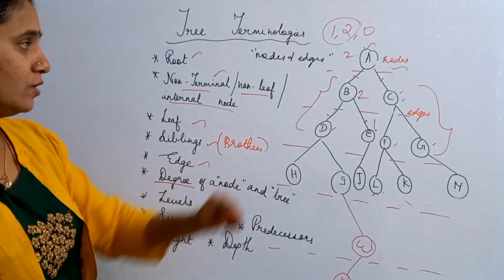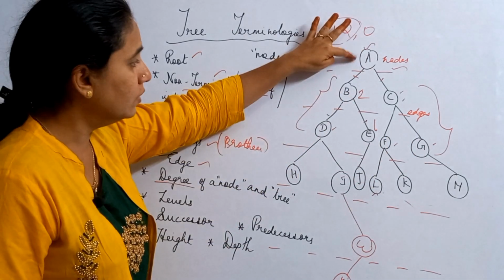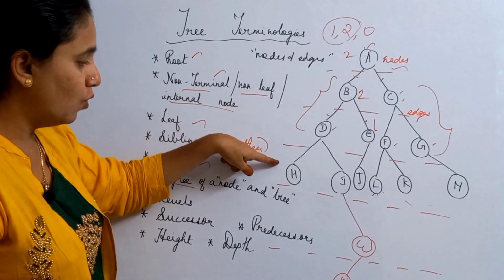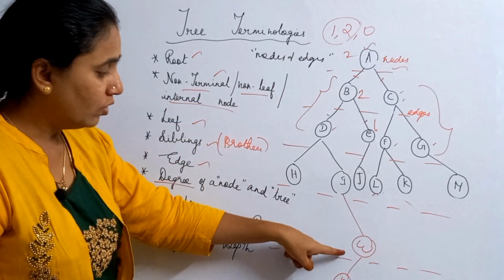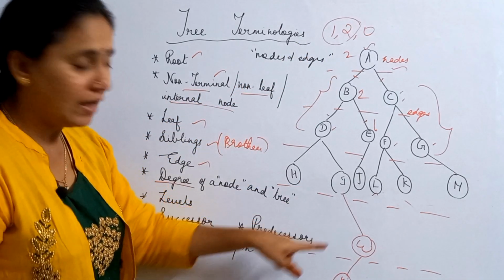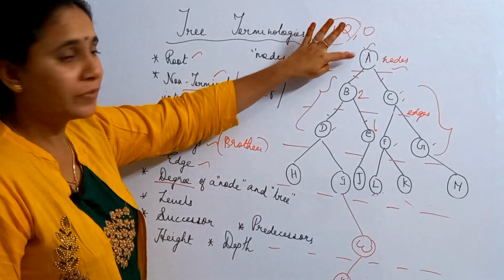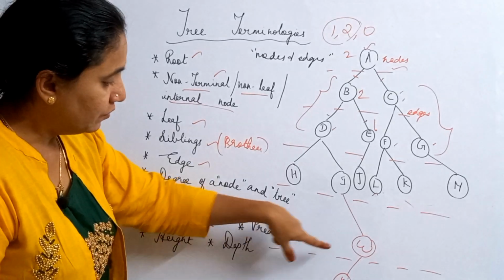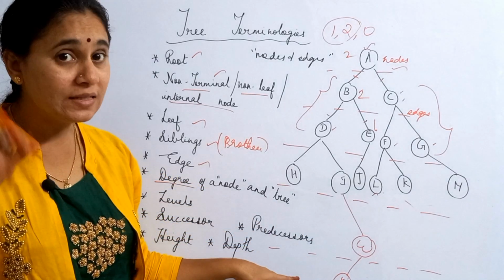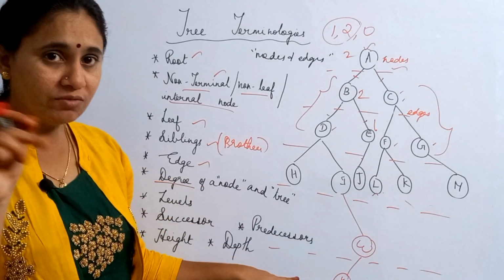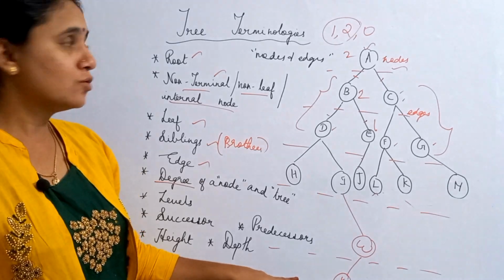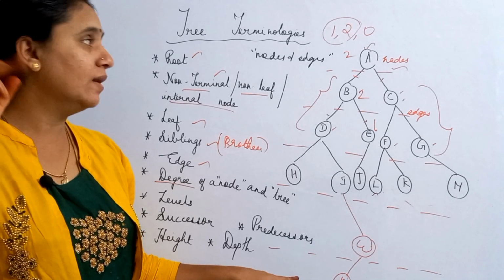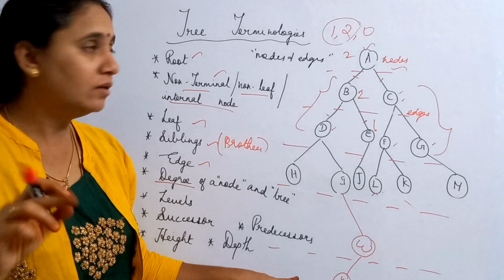Here you have 1, 2, 3, 4, and I have drawn 5 and 6, right? So there are 6 levels, but you must start from 0 like arrays. So you must start with level 0, level 1, like this.